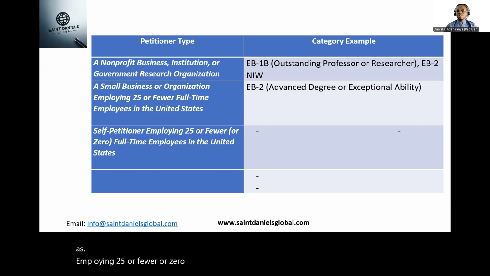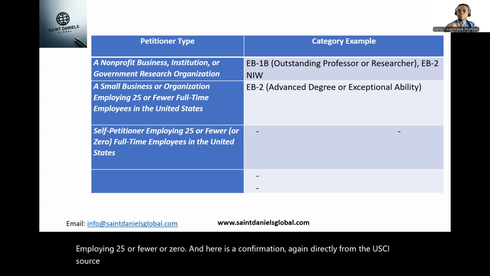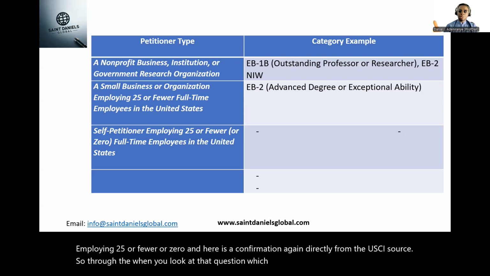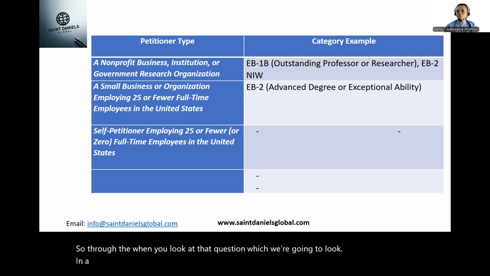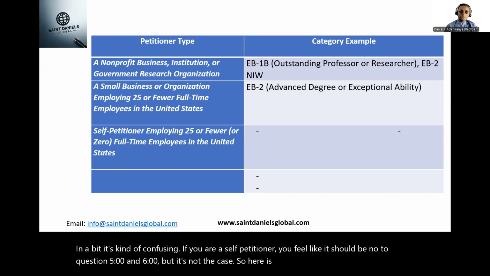And here is a confirmation again directly from the USCIS source. So truly, when you look at that question, which we're going to look at in a bit, it's kind of confusing if you are a self-petitioner. You feel like it should be no to question 5 and 6, but it's not the case. So here is another confirmation.